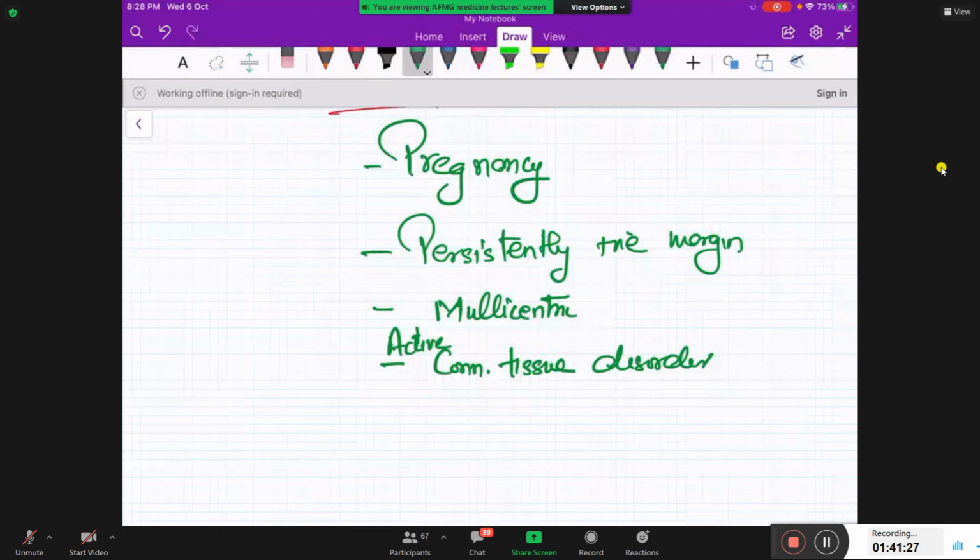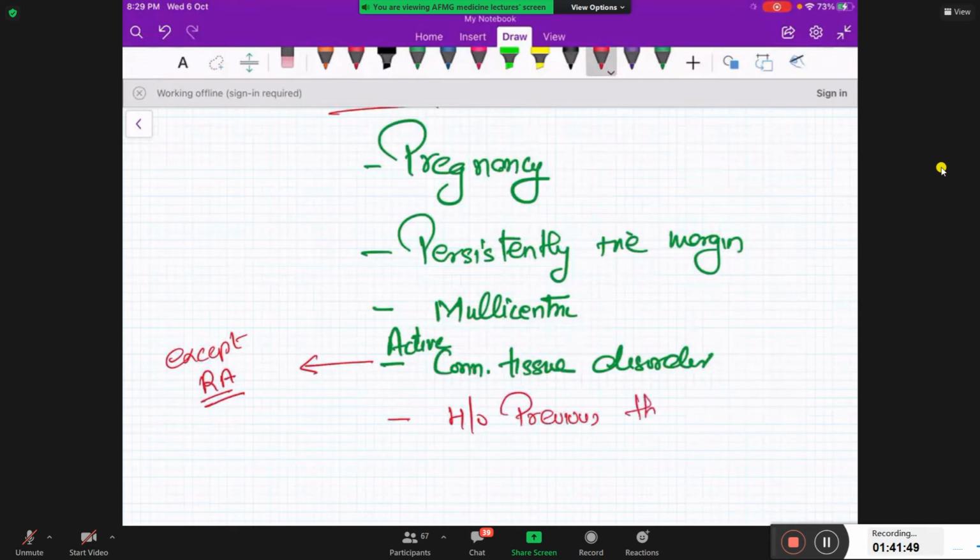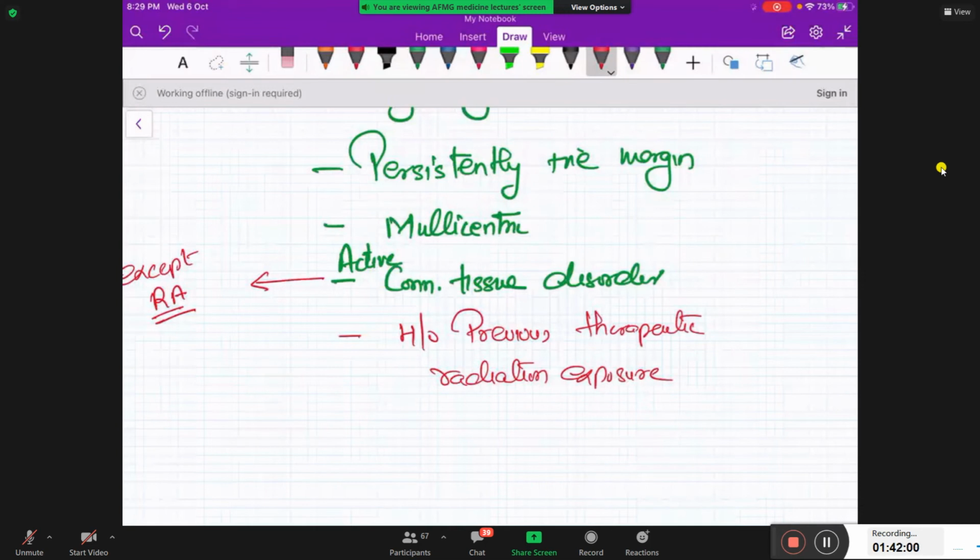Active connective tissue disorder except, please highlight it, except rheumatoid arthritis. Then history of previous therapeutic radiation exposure.